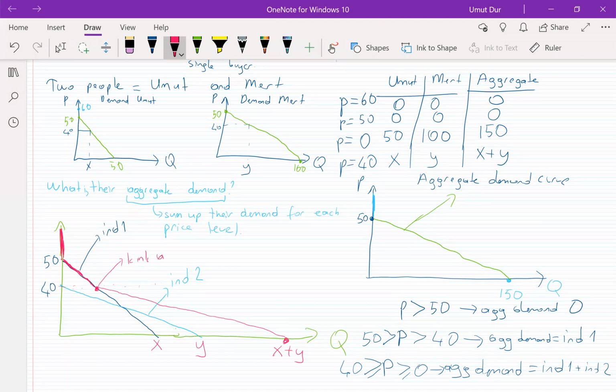The flatter portion of the graph is individual 1 plus individual 2, and the steeper part of the demand curve is just the demand for the individual. So you have a kink-shaped demand curve.